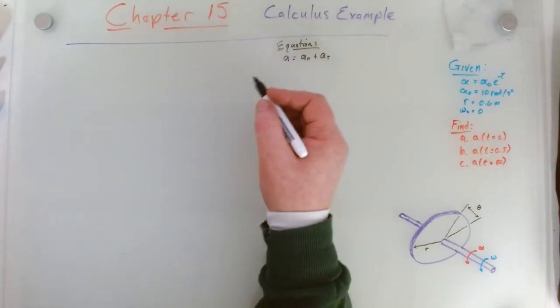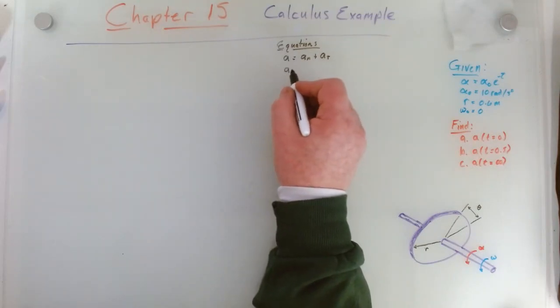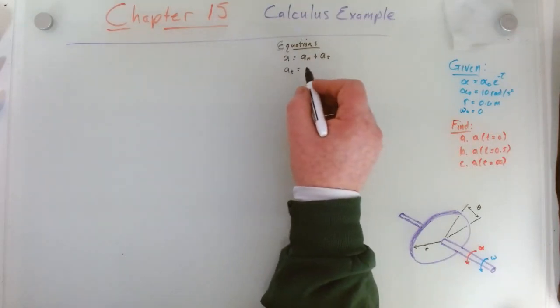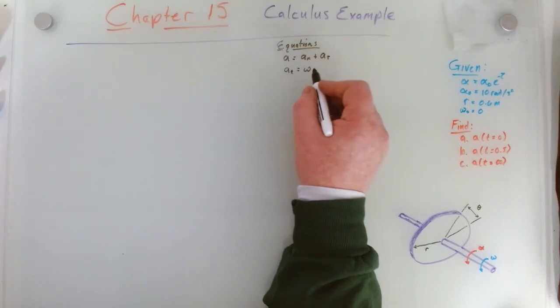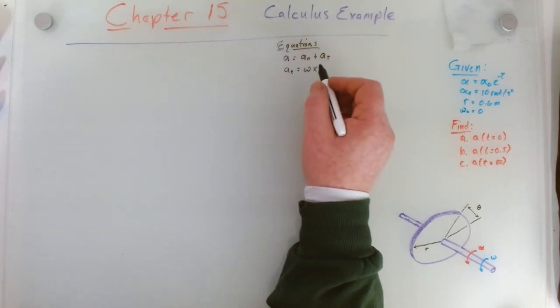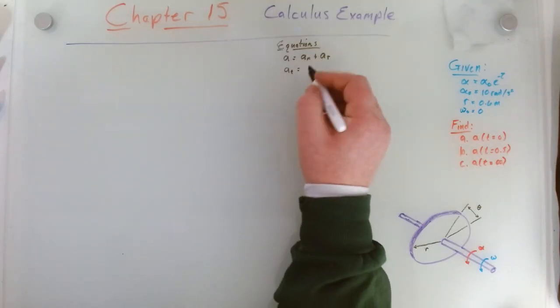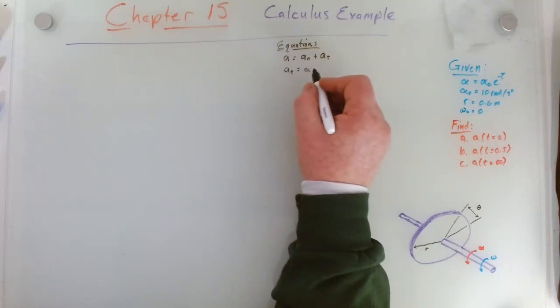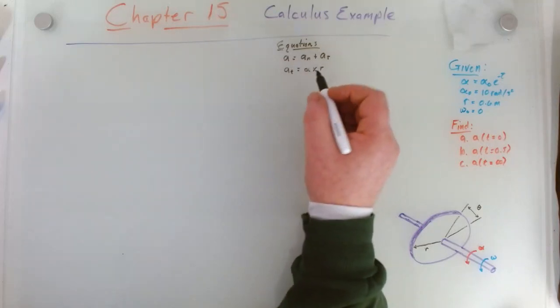So let's see. At, that is omega cross, wait, I'm sorry, that's not omega, that is alpha cross r, right?